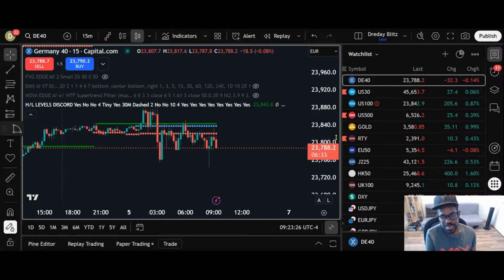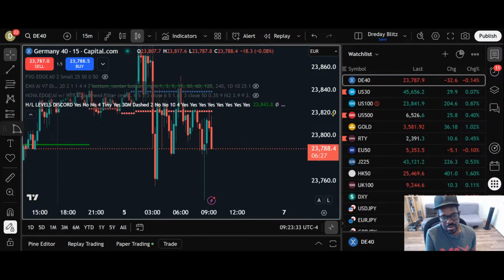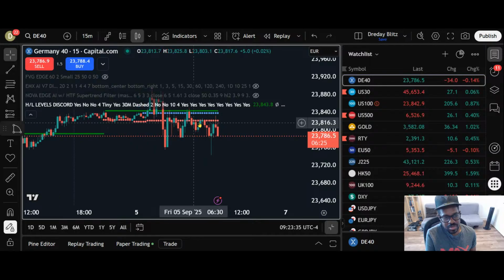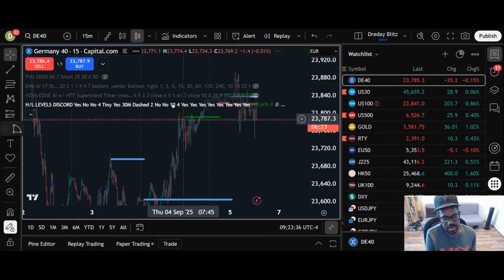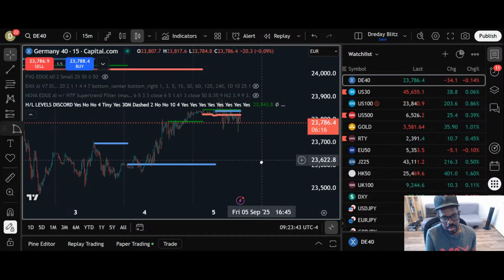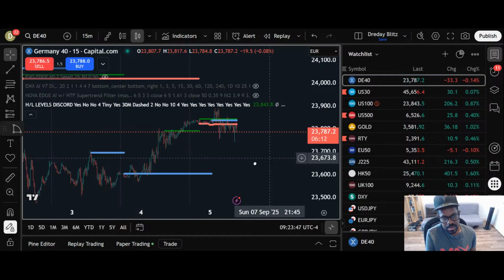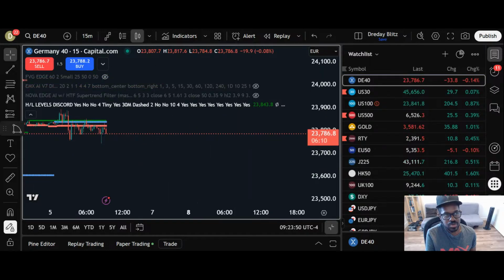I went to those previous levels here at the top, so we have multiple touch points here. It may start to melt here, and we do have a big fair value gap here at the bottom that needs to be filled. They tried to go up two times here, but it should be starting to go down.